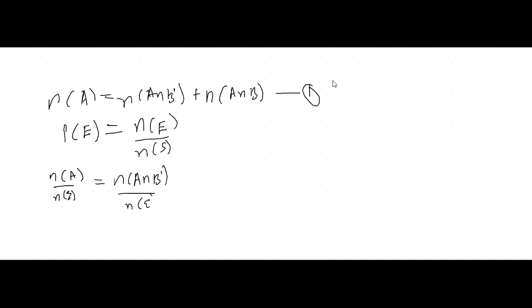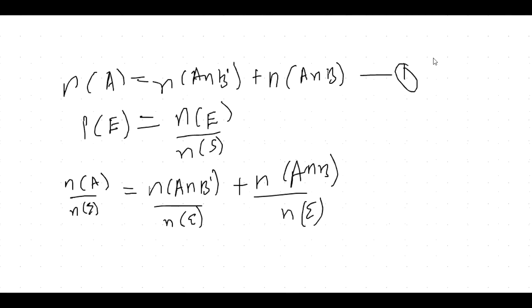Then we add number of A intersection B, still divided by number of the universal set. So what is number of A divided by number of the universal?